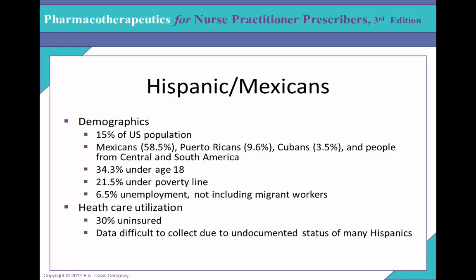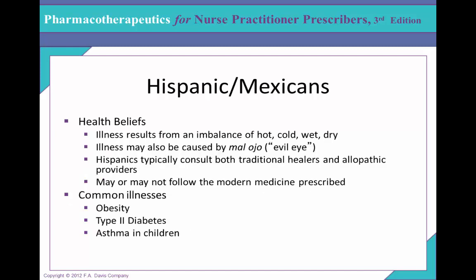Now, they have a very high unemployment level, so they lack access to preventive care and health promotion. They believe in the imbalance of hot, cold, wet, and dry. They believe in traditional healers and allopathic medicine. Most common illnesses are obesity, asthma, diabetes.